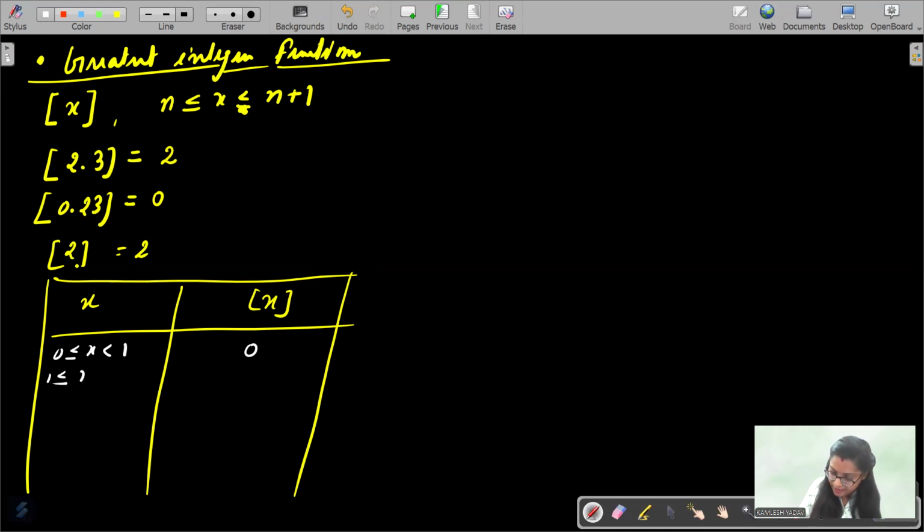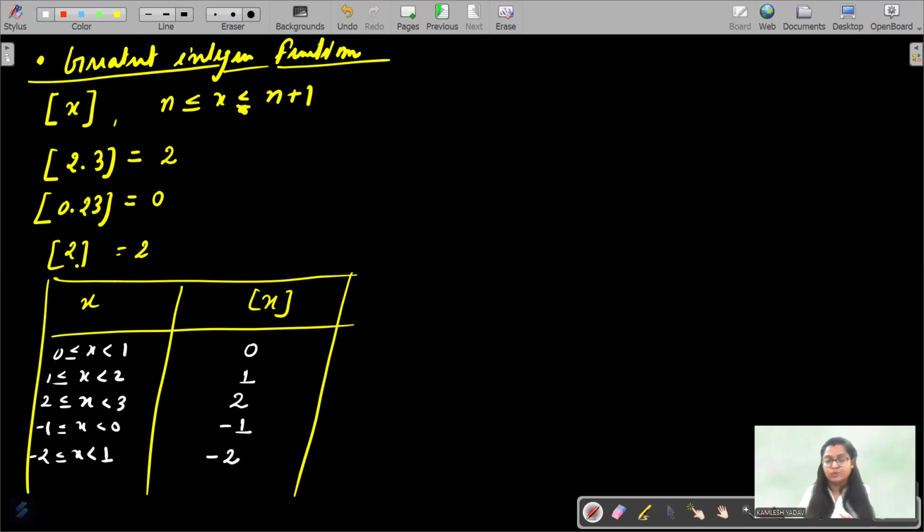When 1 ≤ x < 2, the value is 1. Then 2 ≤ x < 3, the value is 2. Suppose we have a negative number like -1 ≤ x < 0, so we have -1. And if -2 ≤ x < -1, then the value is -2.